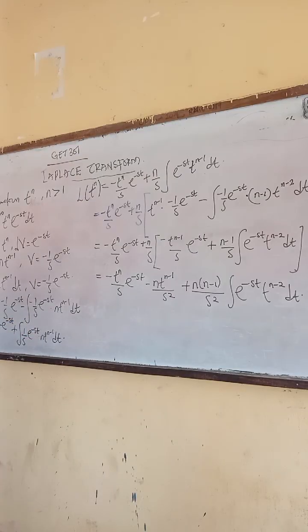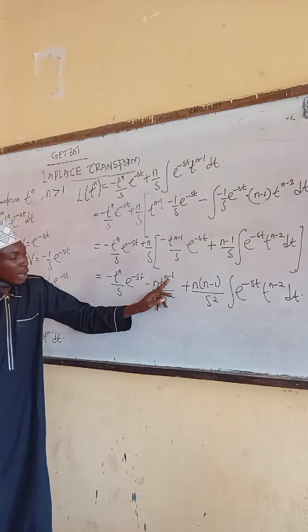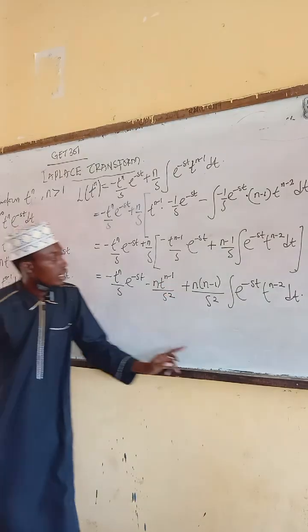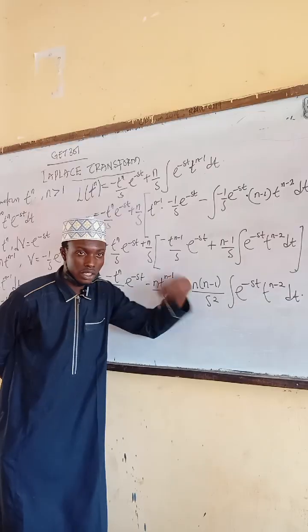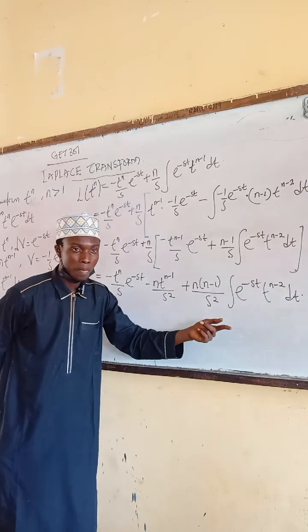You can see that by continuous integration, what is happening to your t? If you look at this, t raised to power n reduces by 1. Here it is also reduced by 1. So it's reducing by 1 each time.